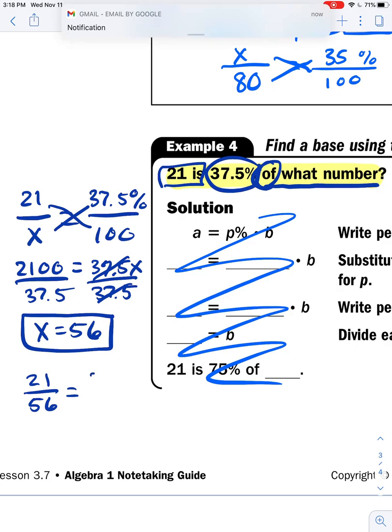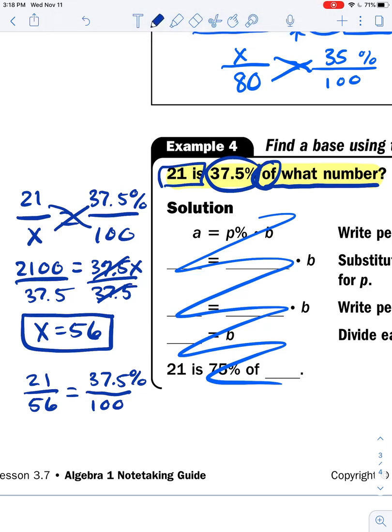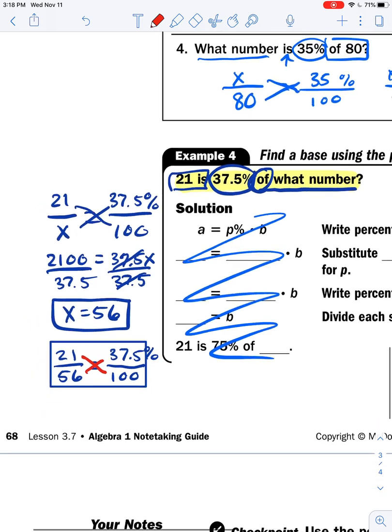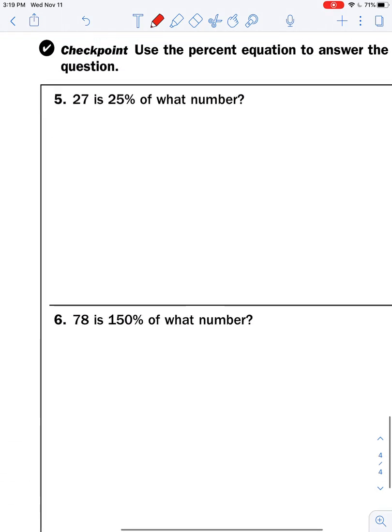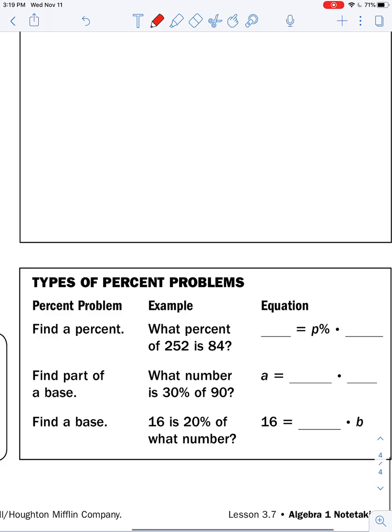So it's saying if you had 21 out of 56, what percent is that? 37.5%, meaning 37.5 out of 100 would be in the same ratio as 21 out of 56. And if it was worth $1 million, you'd probably check this diagonal and make sure the product equaled this diagonal's product. All right.